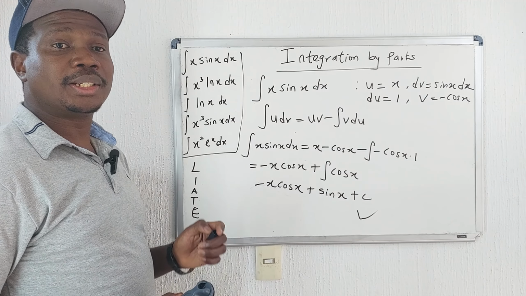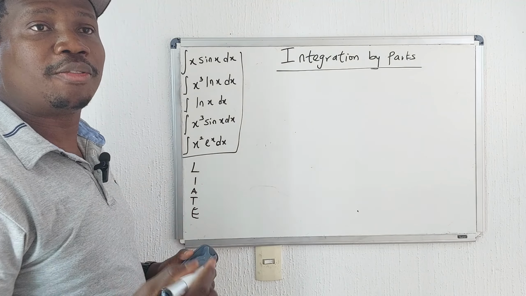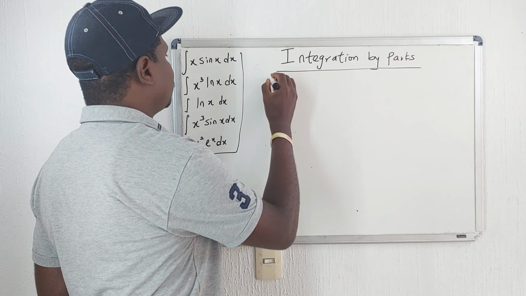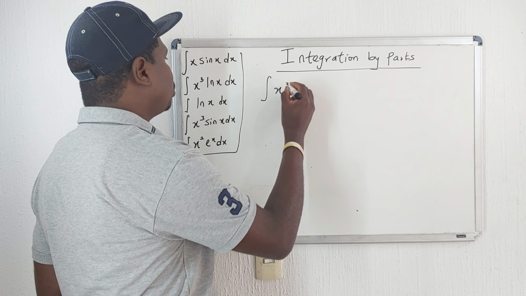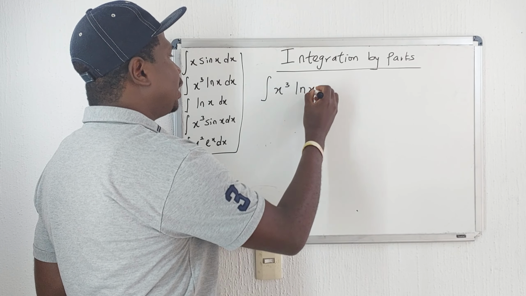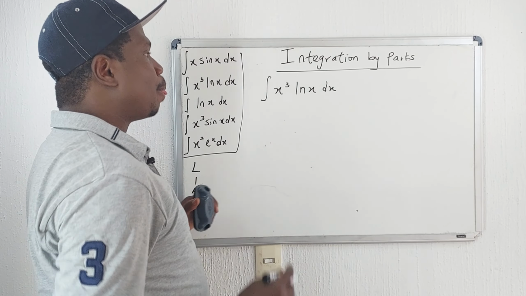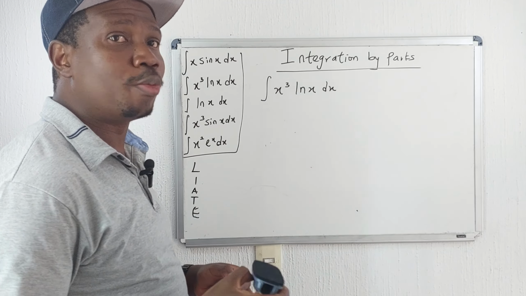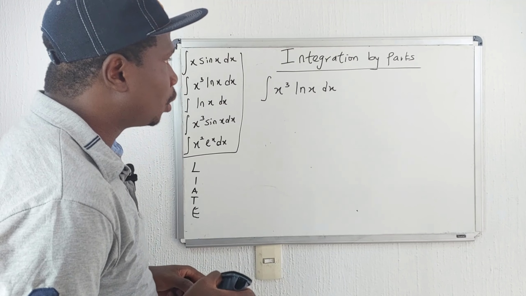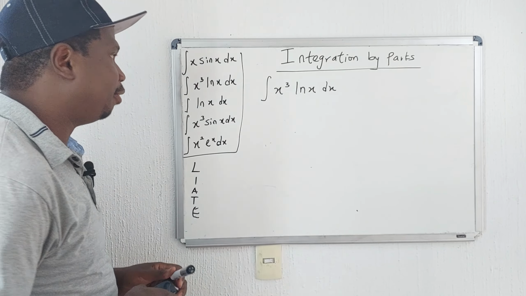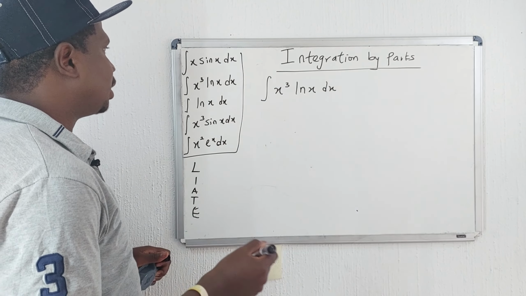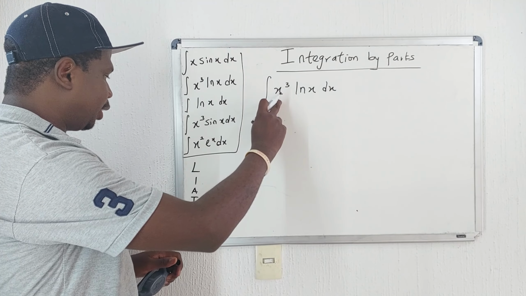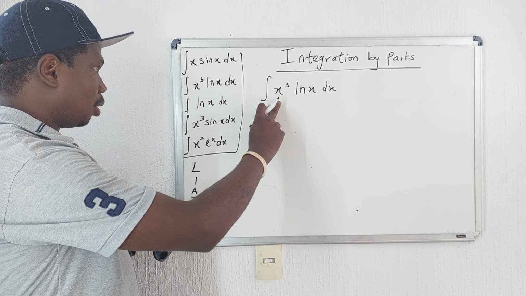So we're going to take the second question now. For our second question, we have the integral of x cubed ln x dx. In the same vein, we'll have to establish what will be our u and what will be our dv.